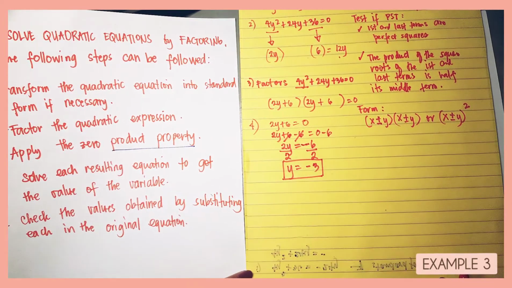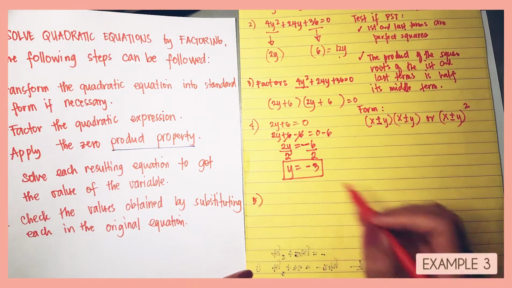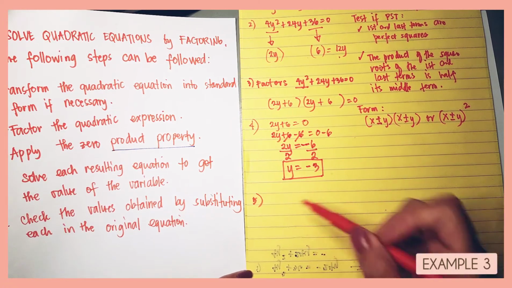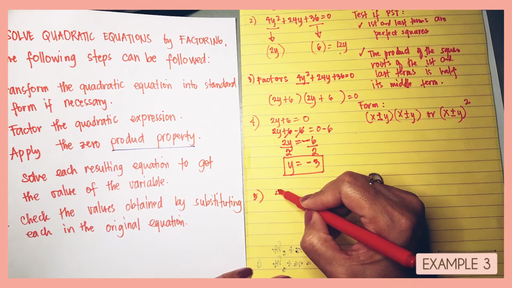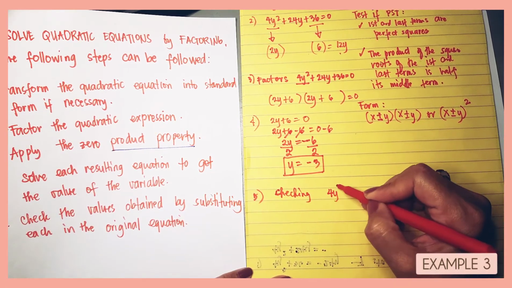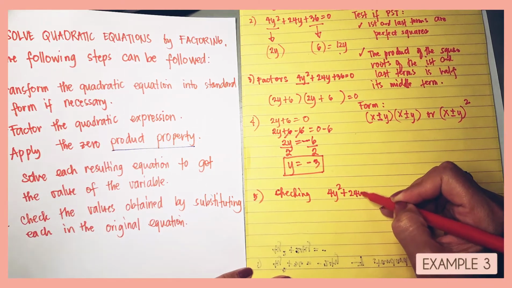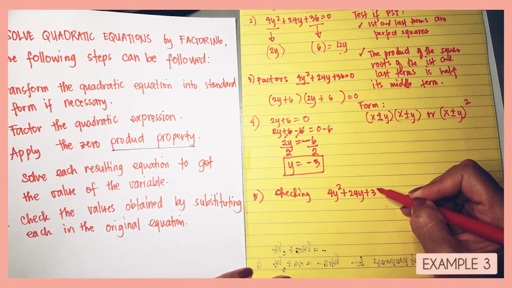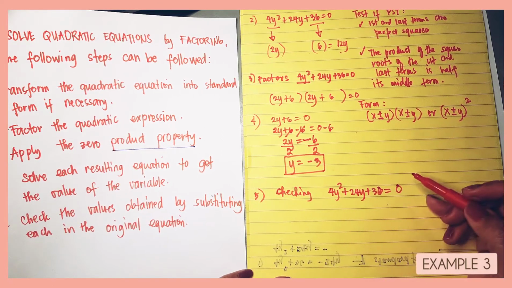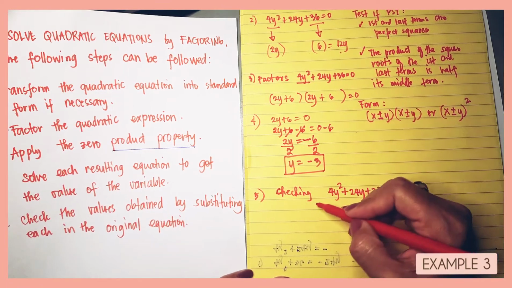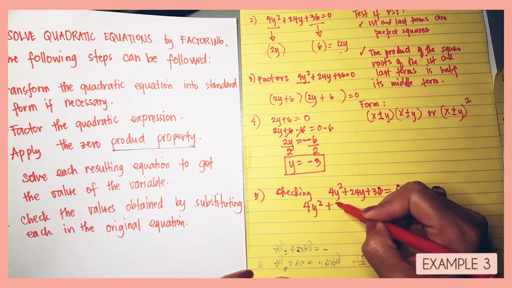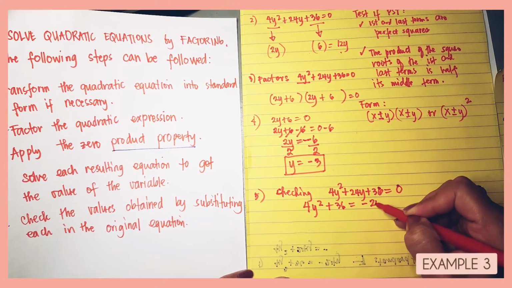Now, as always, we need to do the checking to find out if the value of our y is correct. So from the equation 4y squared plus 24y plus 36 equals 0, you may use this, or from the original given, 4y squared plus 36 equals negative 24y.